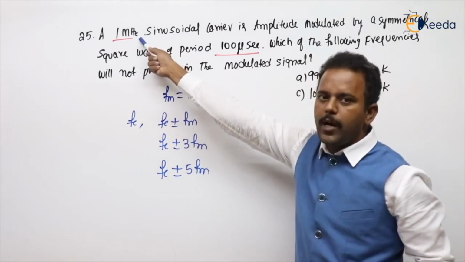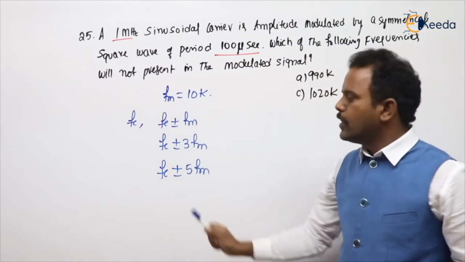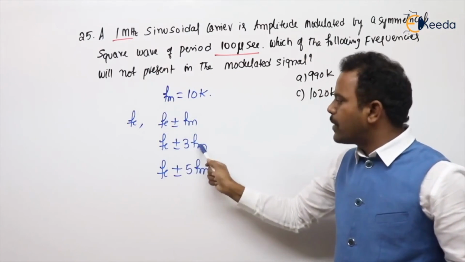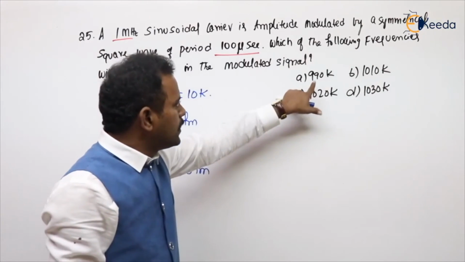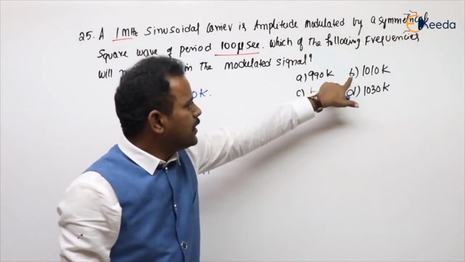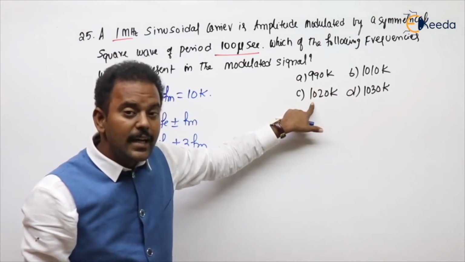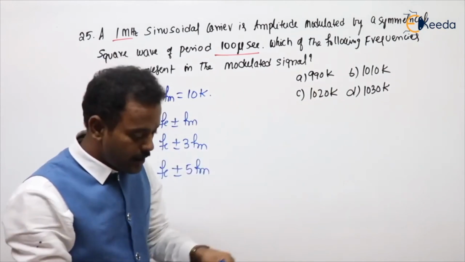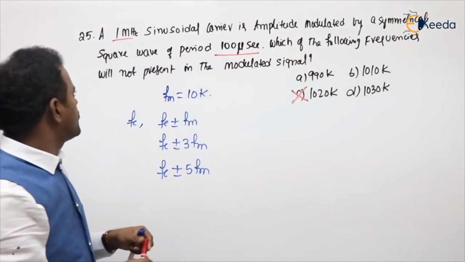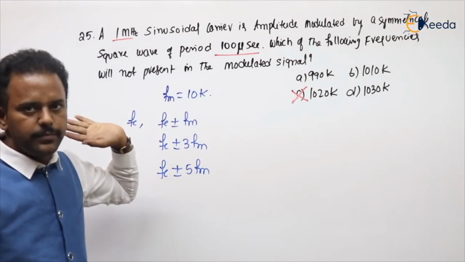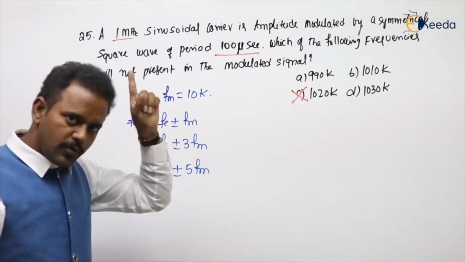FC value is given 1 mega, means 1000 kilo: 1000 plus 10, 1000 minus 10, 1000 plus 30, 1000 minus 30. Like that it will be there. If you see the options, 1000 minus 10 means 990, 1000 plus 10 means 1010. 1000 plus 3 FM, 30, will come but not the 20. So this is not present. Which of the following is not present? 1020. Very, very logical problem, having half-wave symmetry properties of the Fourier series.